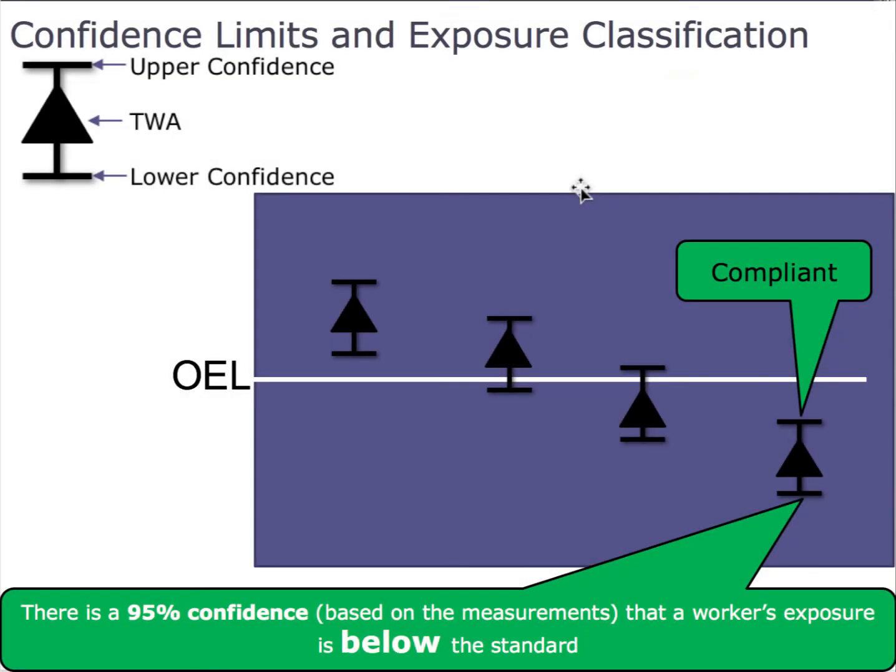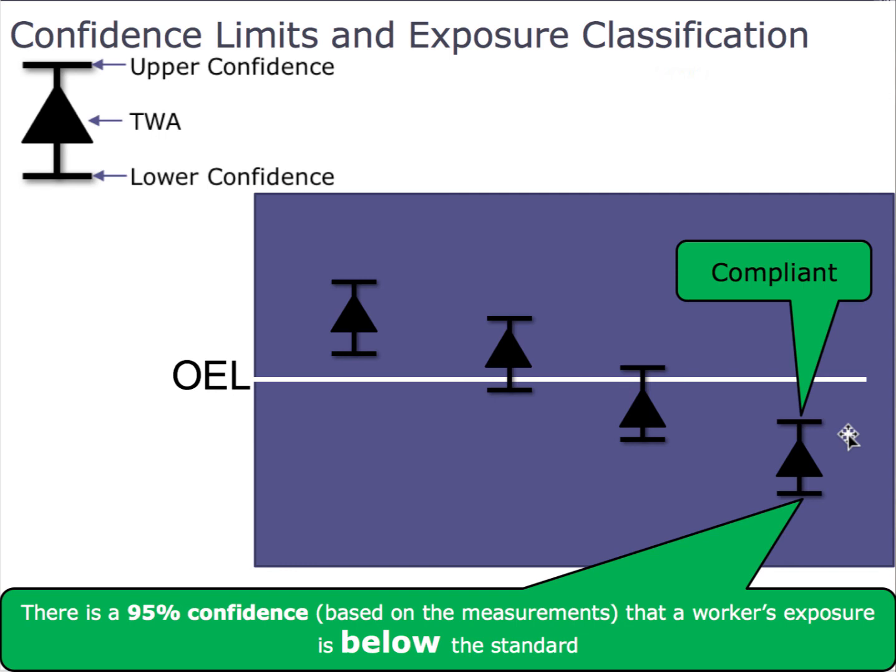So in our second scenario, our upper confidence limit is below 1 or below our occupational exposure limit. And if our upper is, of course our lower is. And now we're 95% confident based on the measurements that we took that the worker's exposure is below the standard or below the occupational exposure limit.